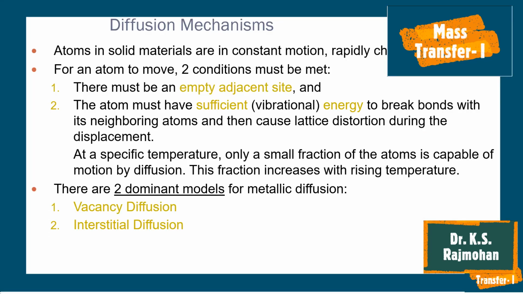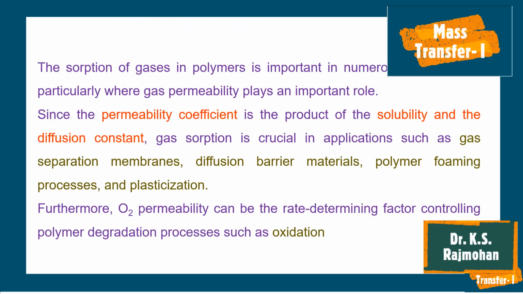If you look at the significance of this type of numericals, the absorption of gases in polymers is important in various applications, particularly where gas permeability plays an important role, because gas permeability is a product of solubility coefficient and diffusion coefficient.